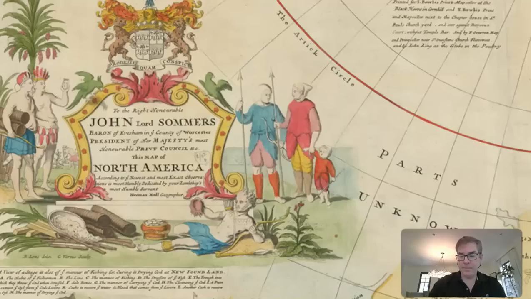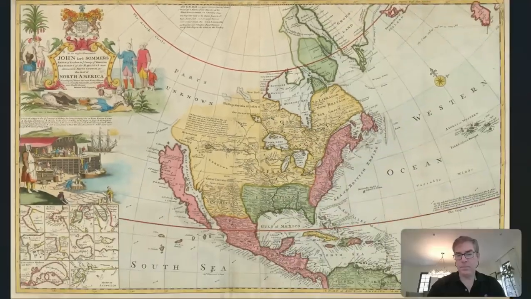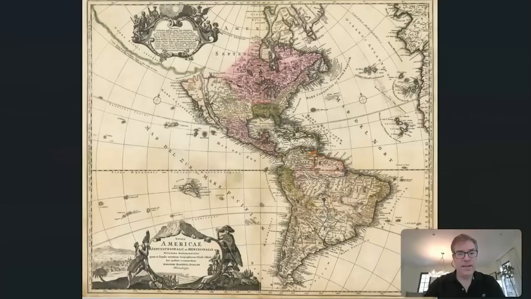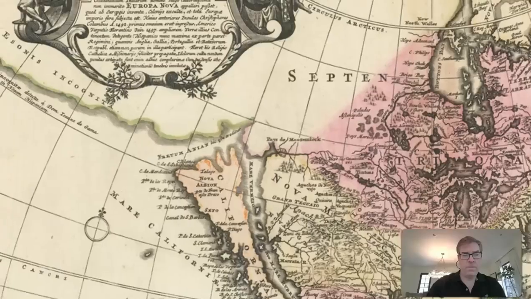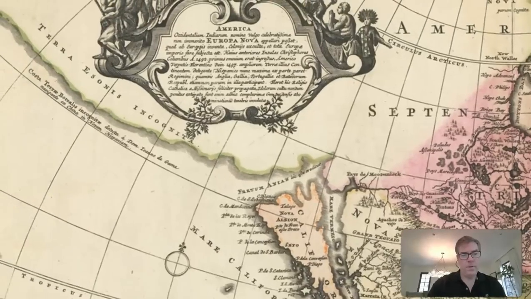Why is that? You can see it here again in this map of North America. And in the upper left-hand corner, unknown land, Terra Esonis Incognito, which basically means land that is, or being.